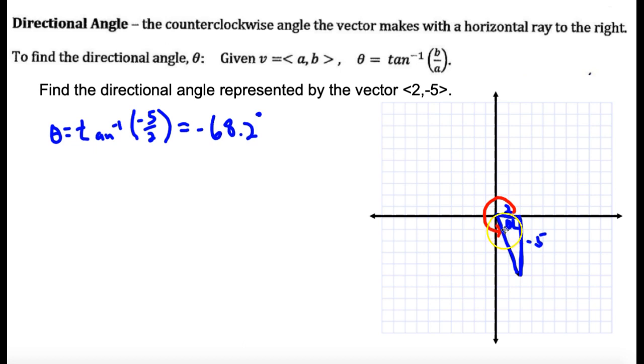Right? If we're just thinking in terms of this triangle, that would be 68.2. Well, if my goal is to find this entire angle here, starting at the positive x-axis and ending on this vector, we want to think about taking 360 and either subtracting 68.2 or adding -68.2. So my red angle here is going to be 360 minus 68.2 degrees.